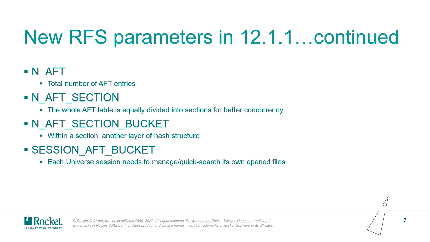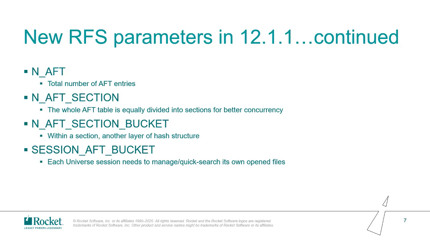There are 4 parameters concerning the AFT table. The first one is NAFT, which defines the number of total entries in the AFT table.